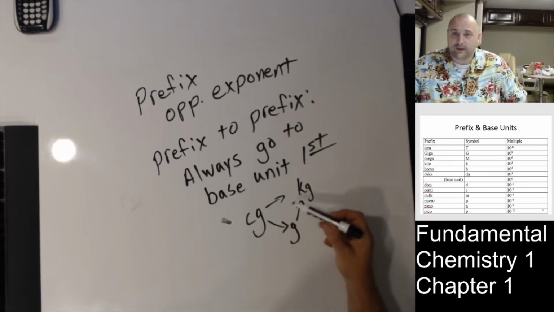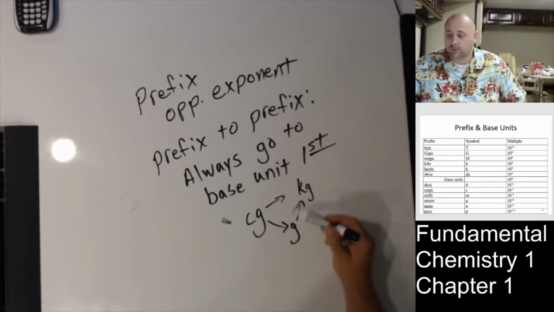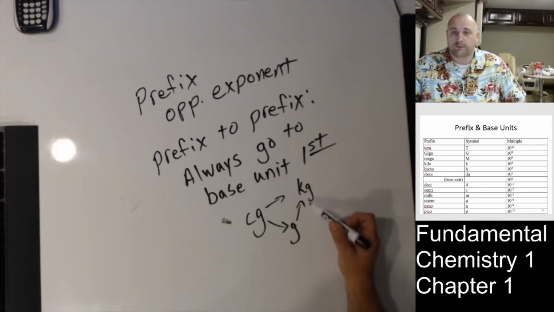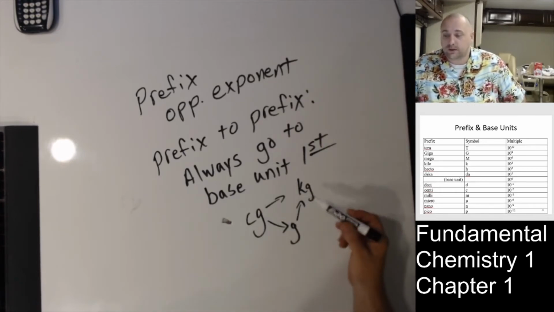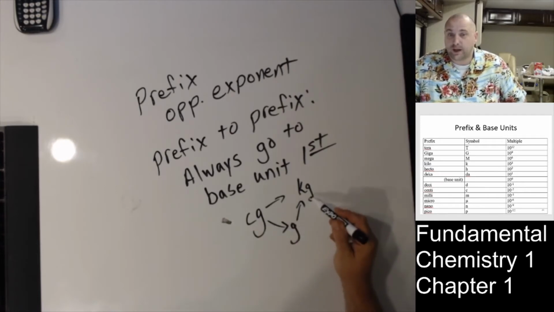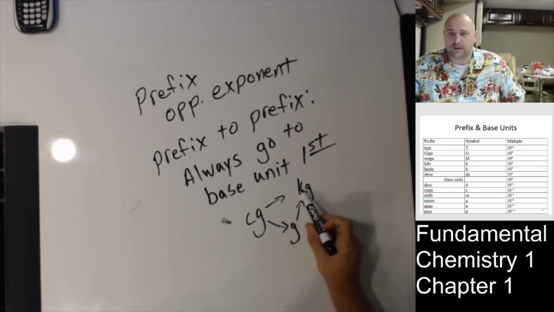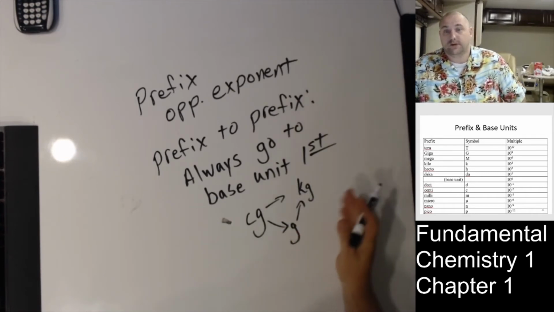It is faster to do these kinds of problems going to the base unit or from the base unit to a prefix. We'll do those all the time in the metric system, and you'll get used to them. That's what we were just working on. So it is faster to do something that we do over and over twice than it is to stop and change gears and remember how to read this table a different way.